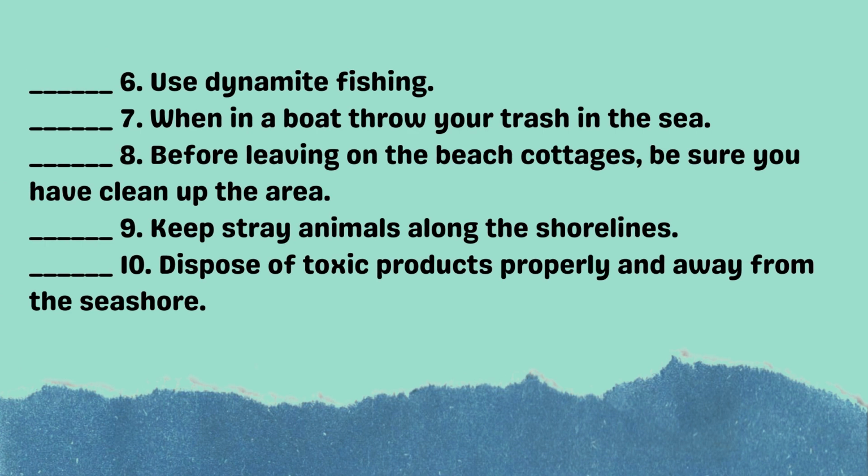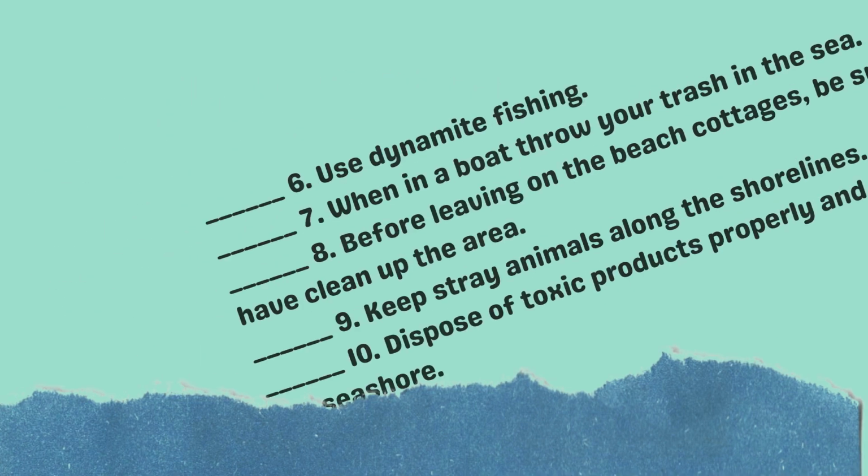When in the boat, throw your trash in the sea. Number 8. Before leaving the beach cottages, be sure you have cleaned up the area. Number 9. Keep stray animals along the shorelines. And number 10. Dispose of toxic products properly and away from the seashore.